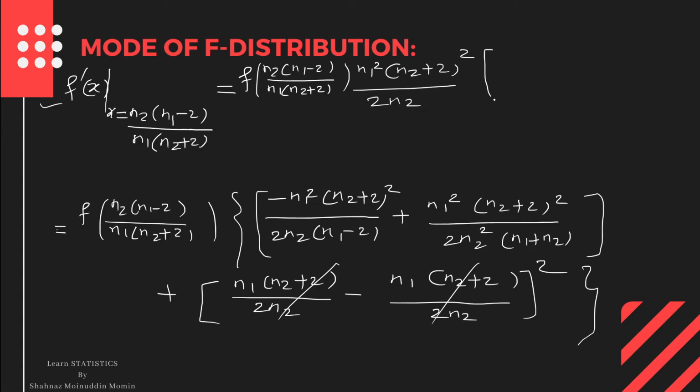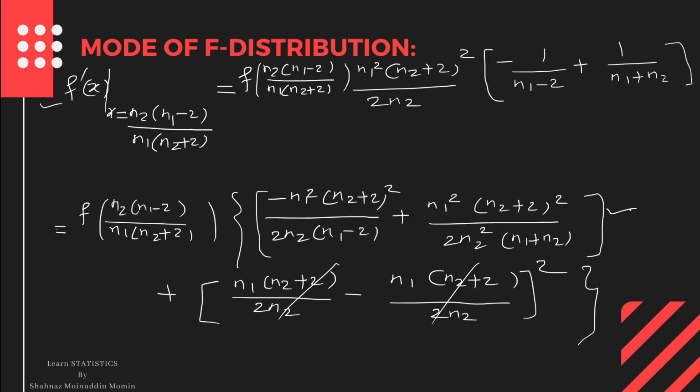So inside the bracket minus 1 upon (n1 minus 2) plus 1 upon (n1 plus n2).